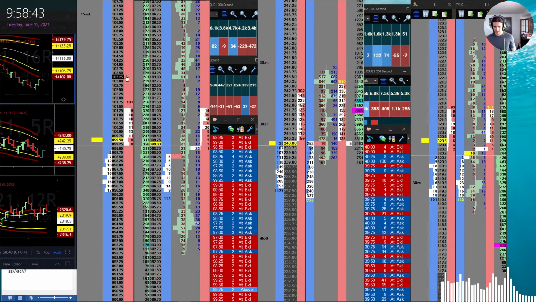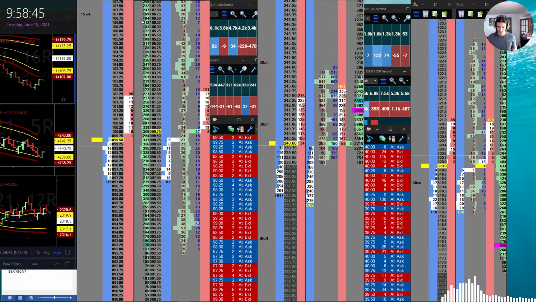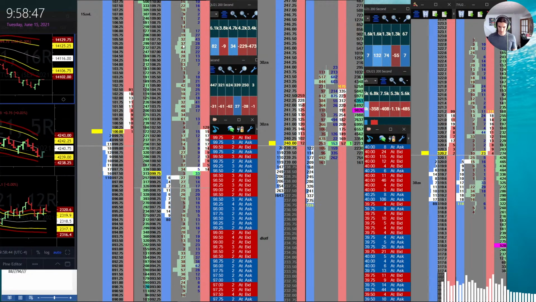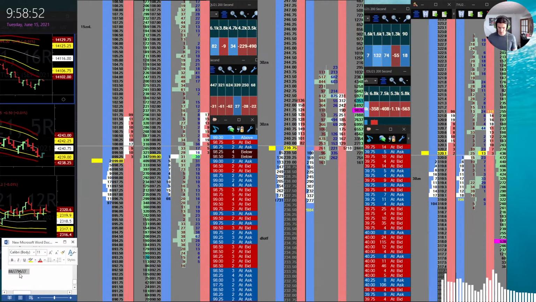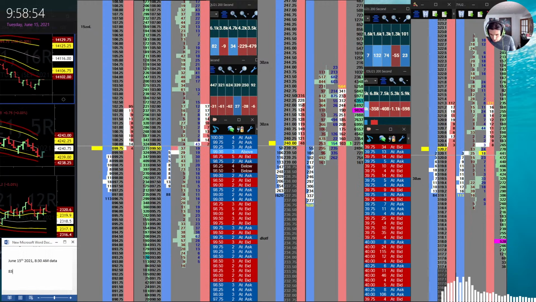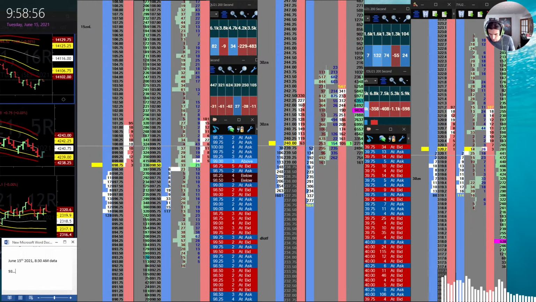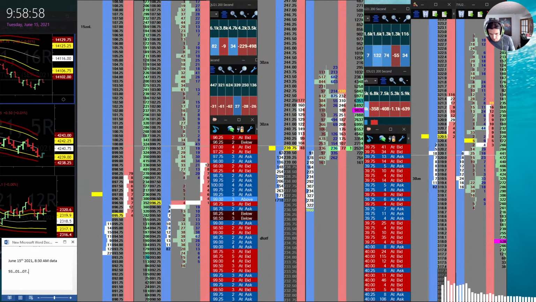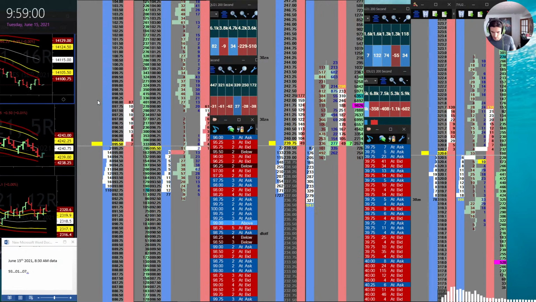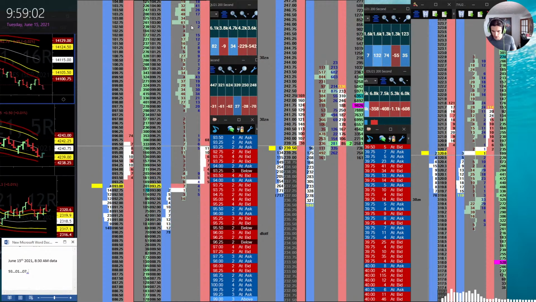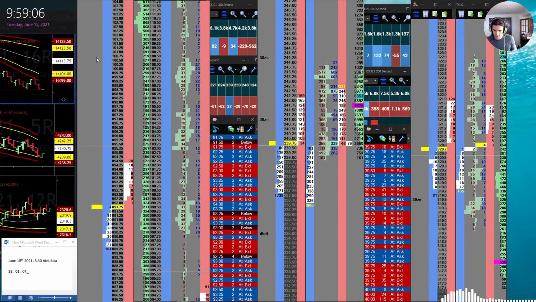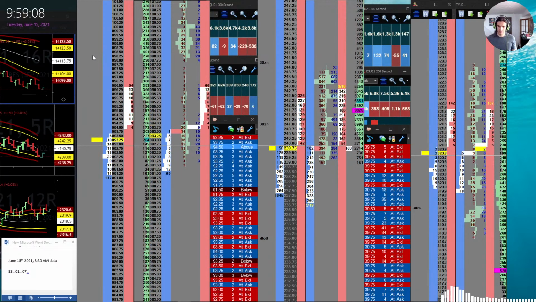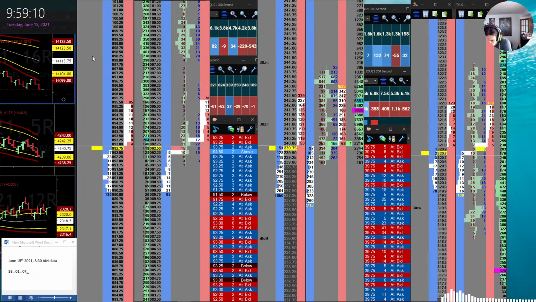So 93.01, I'm seeing the 8-point ranges here. 07, so I'll just write that down real quick. 01 bid, 07, generally speaking here. Or actually it would be 09. It'd be 07 to 09, anyhow. New low again there at 92.